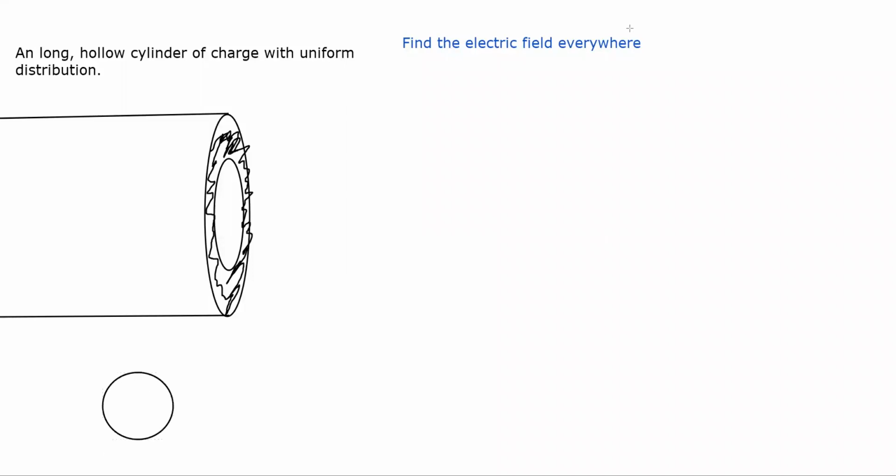This is just a cylinder. So if you're looking at the cross-sectional area, looking head on onto that wire, the charge is all up there. Okay, so that's where the charge exists here.